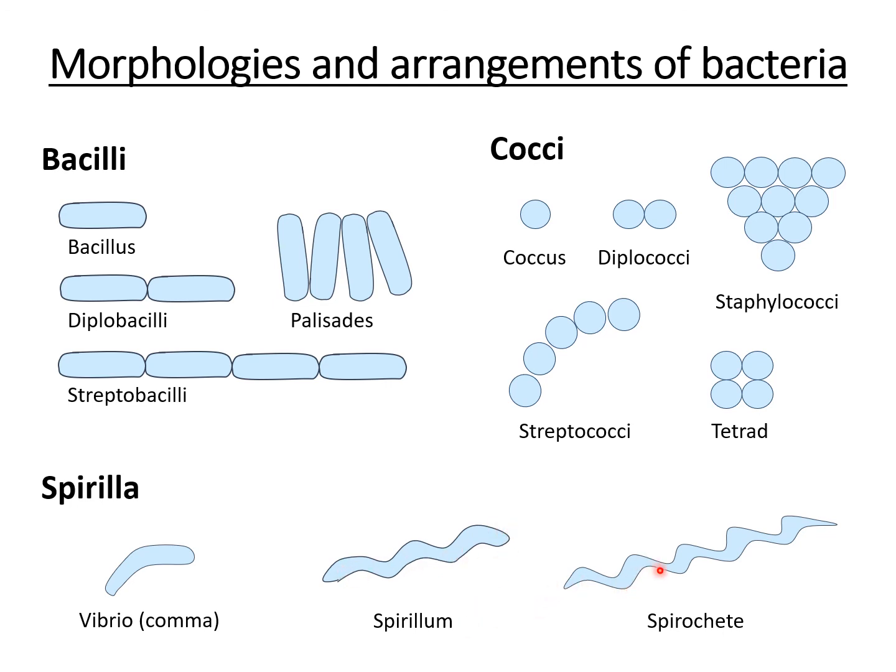Some of them are thinner and more tightly spiral. We call them spirochete. So those are some shapes of bacteria that you need to be familiar with. You need to know the shape and then you need to know what type of arrangements they might be arranged in.